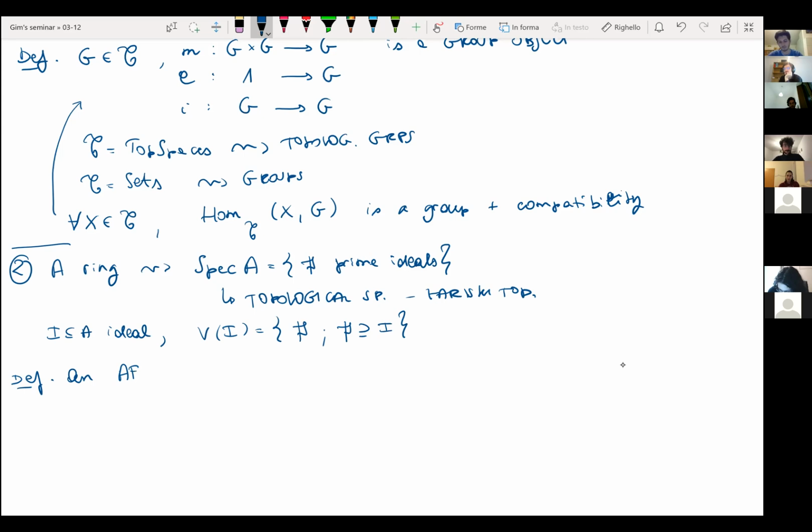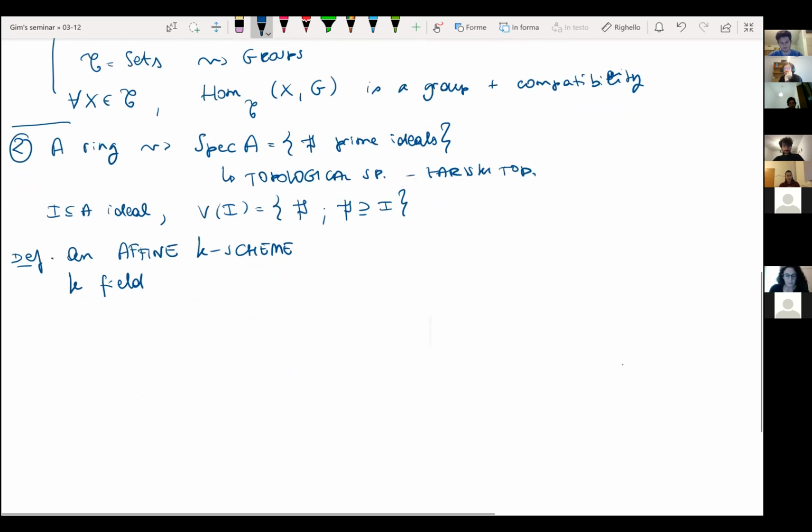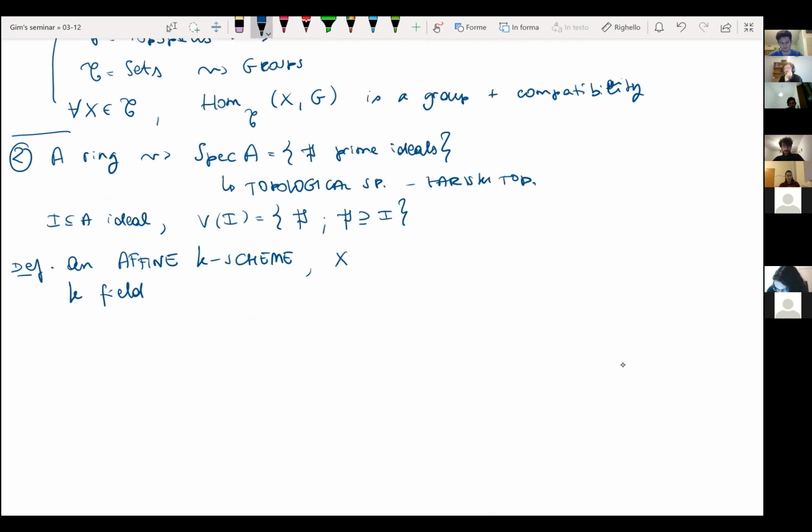Now, by definition, an affine K-scheme, where K will be a fixed field for us, is the spectrum of a K-algebra. So it is an object X, which is the spectrum of A, where A is a K-algebra, plus also another structure which you don't have to worry about for this talk.